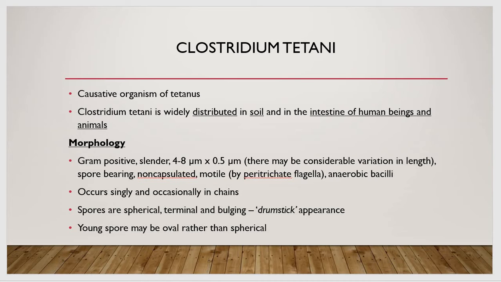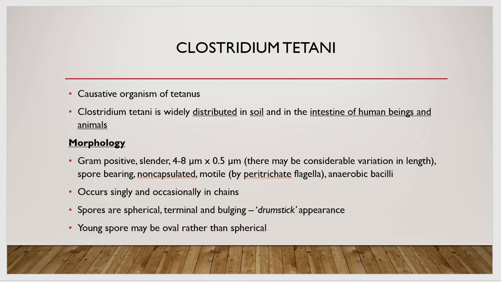this size 4 to 8 microns into 0.5 microns. But there may be a considerable variation in length. It's not a fixed size. The bacteria is spore-bearing, non-capsulated, motile, by peritrichate flagella. Peritrichate flagella means small projections of flagella are there.